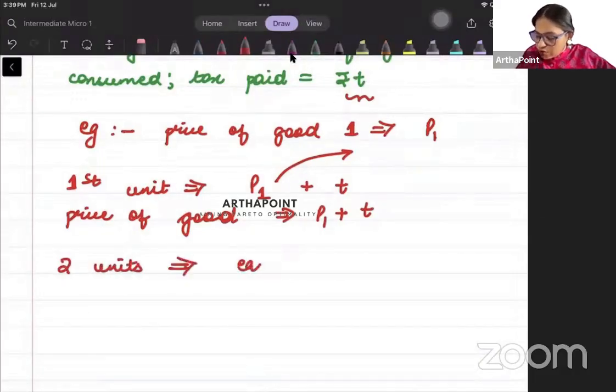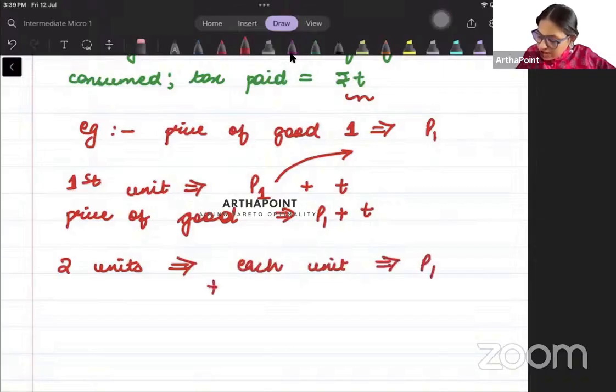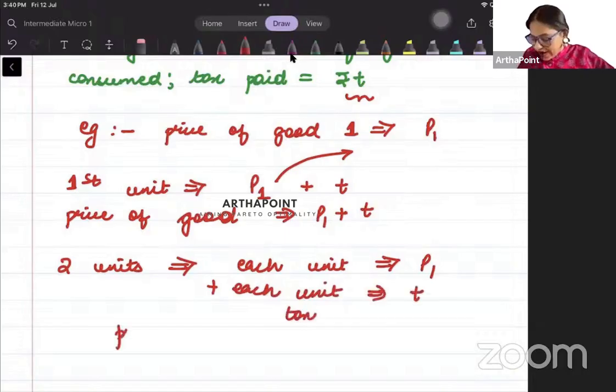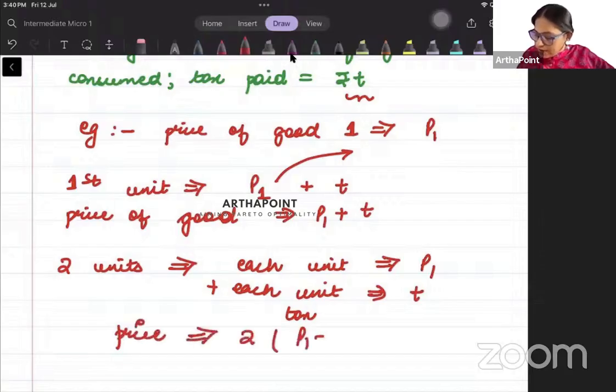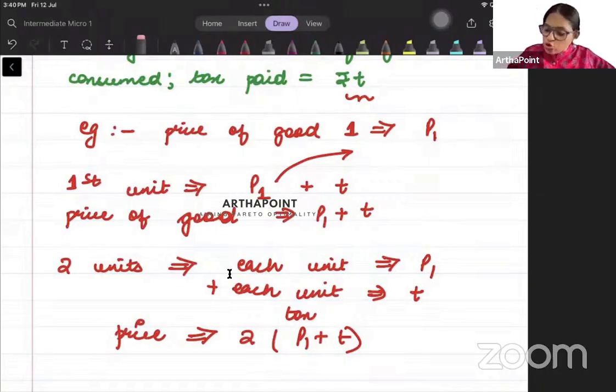So beta, each unit will cost you P1 and for each unit, हर unit पे आप जो tax pay करोगे, that will be T. तो total amount paid will be 2 into P1 plus T. समझे बात को? So quantity tax is imposed for each unit of consumption. So it is like saying that the new price is now P1 plus T.